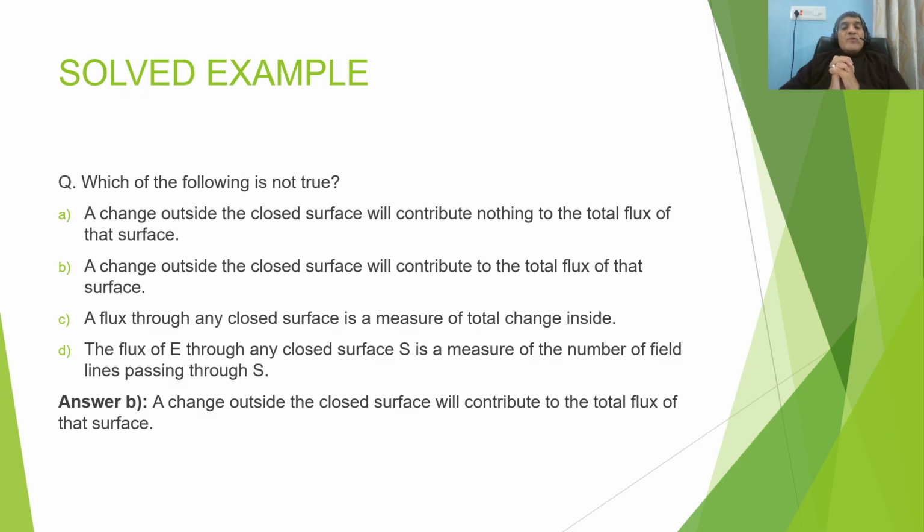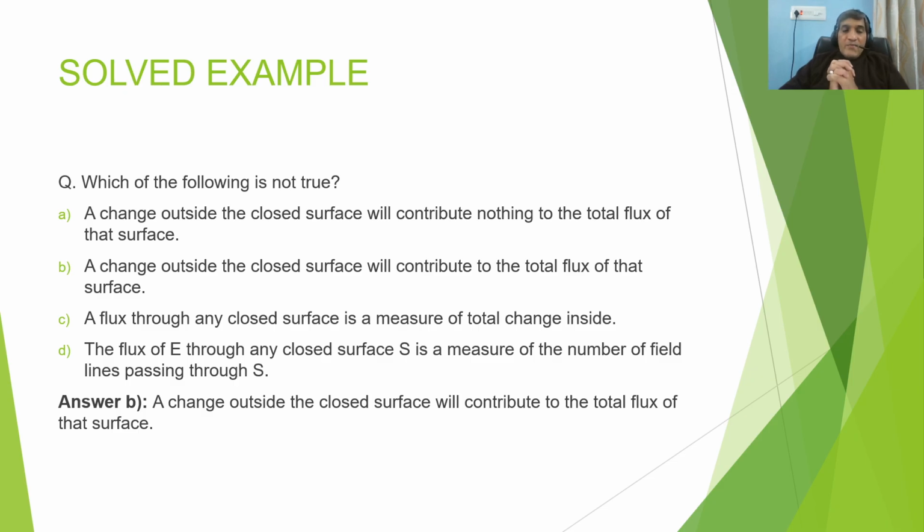A: a charge outside the closed surface will contribute nothing to the total flux of that surface. Yes, it is a true statement, but we have to choose the one that is not true, so we don't choose that. B: the charge outside the closed surface will contribute to the total flux. This is wrong, because a charge outside the closed surface will contribute nothing.